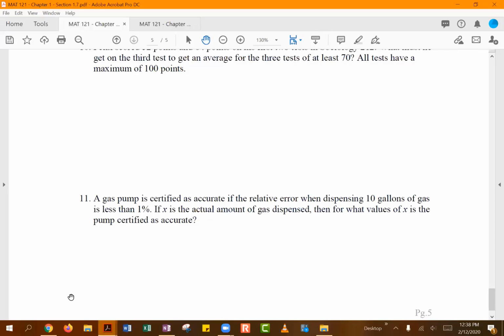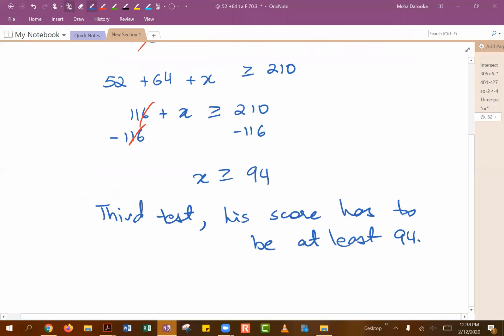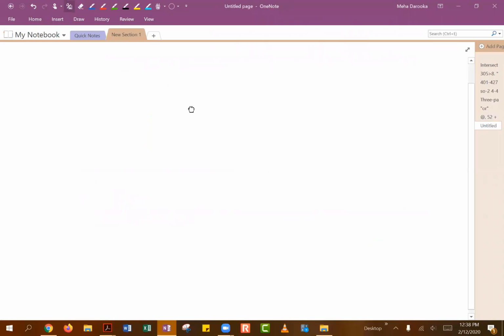So they're saying if X is the actual amount of gas that is being dispensed, then for what values of X will the pump be certified as being accurate? Again, we are talking in terms of relative error. This is number 11.